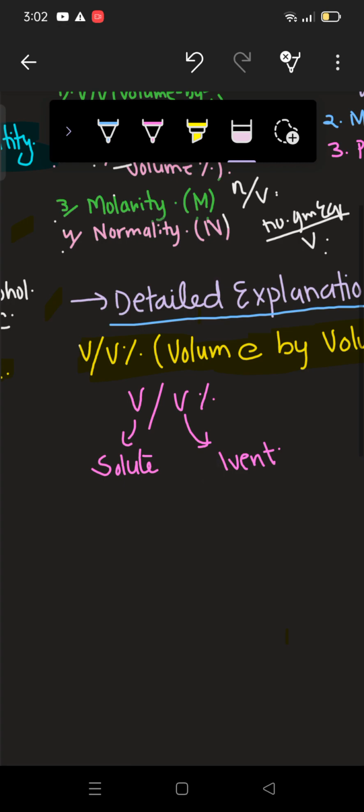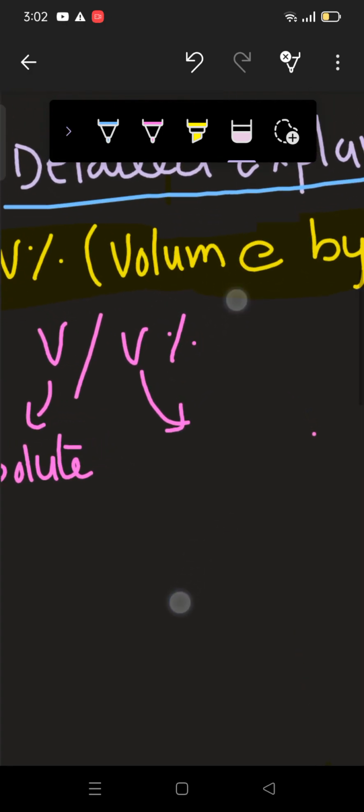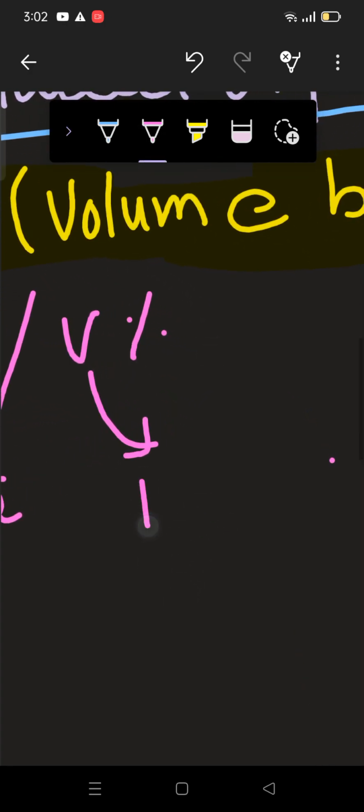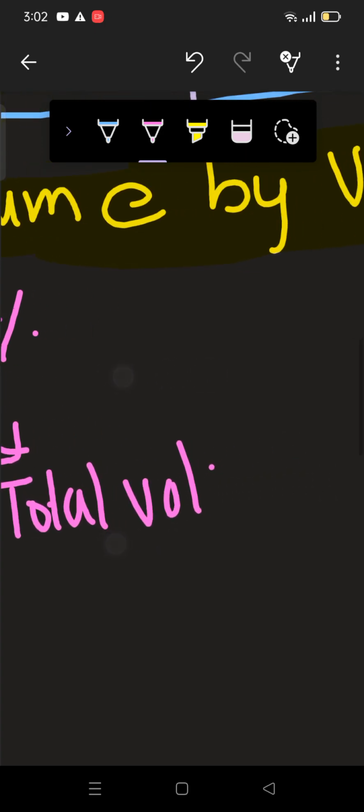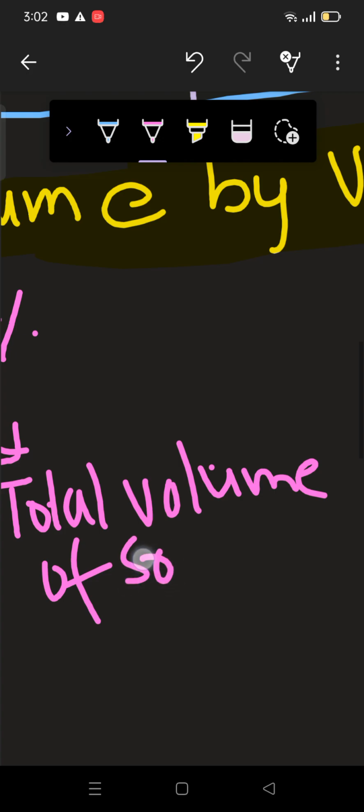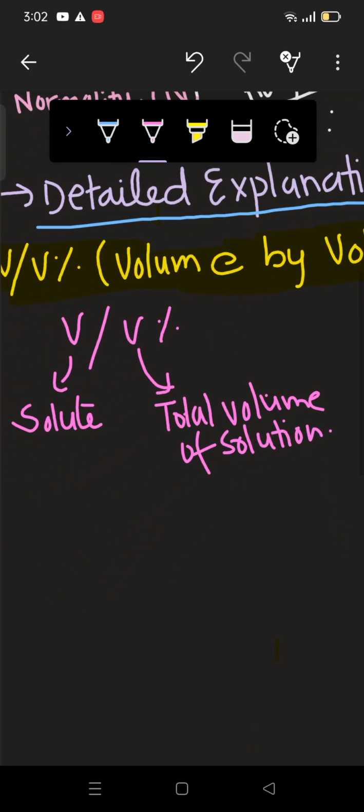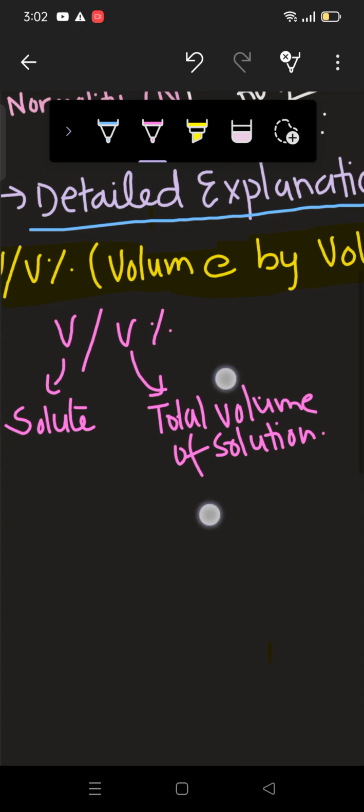Here we must take the volume of solution, because we need to divide the volume of solute by the total volume of solution. It does not represent only the volume of solvent; rather it is the combination of volume of solute plus volume of solvent.